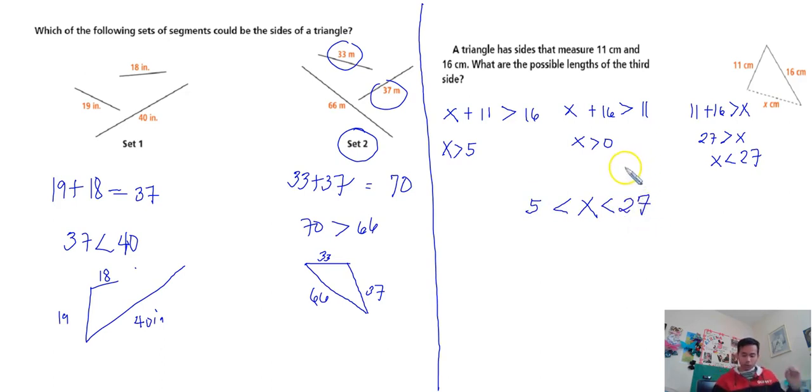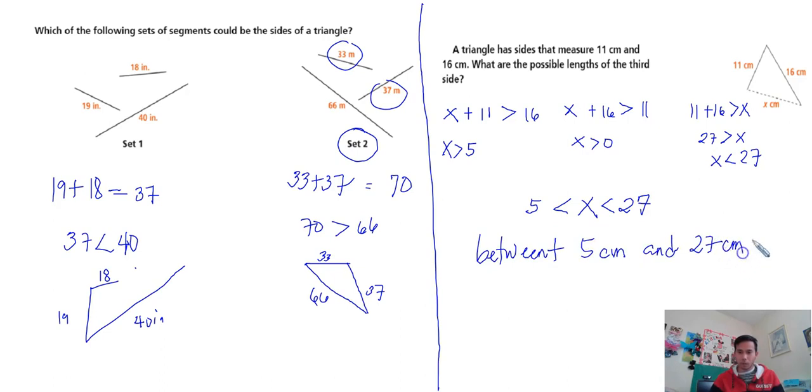So the third side of the triangle could be between 5 centimeters and 27 centimeters long. So that's the answer for the last one. So it's between 5 centimeters and 27 centimeters long.